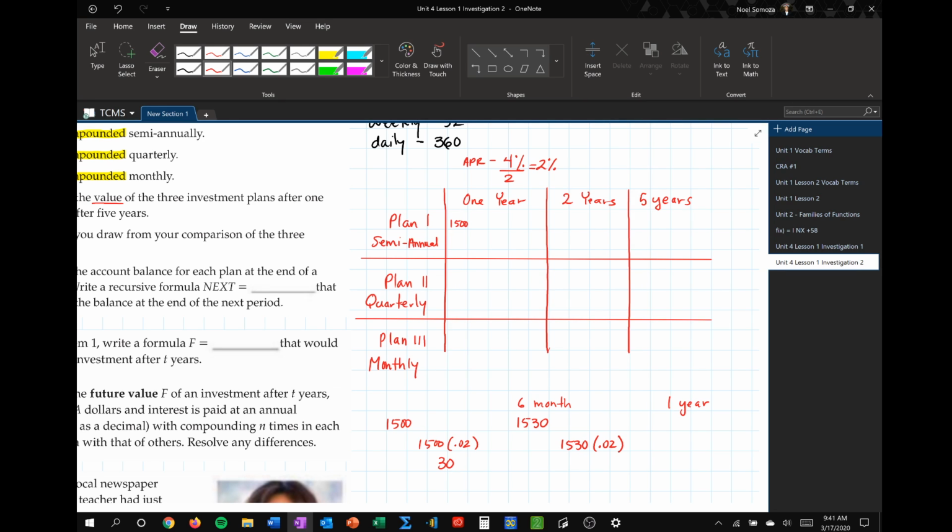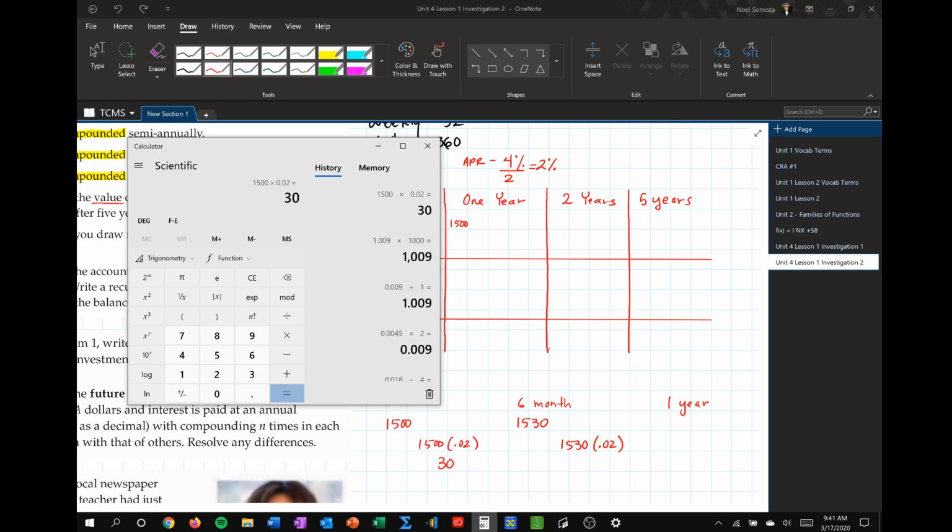It's like 10% of 100 versus 10% of 1,000. The bigger number, you get a little bit more from it. So for the second half of the semi-annual, you get 1,530 times 0.02.